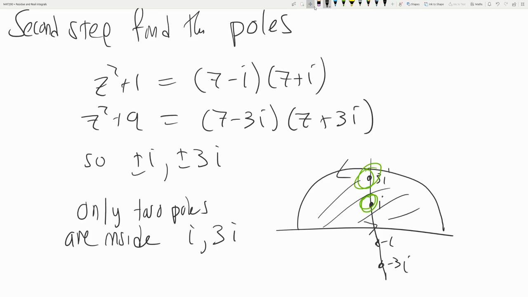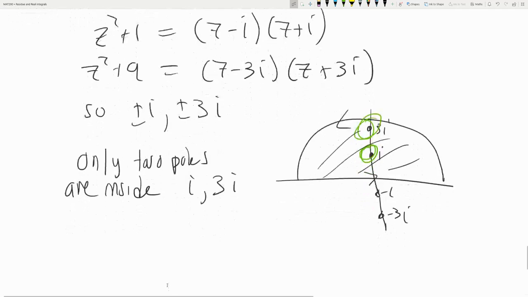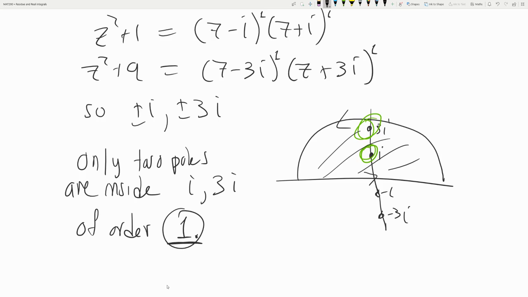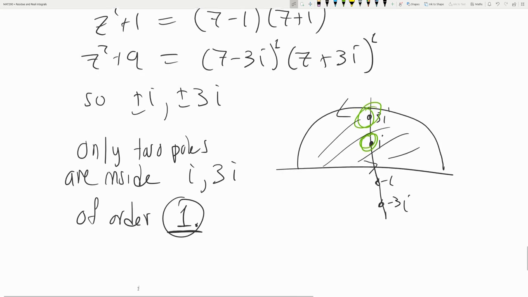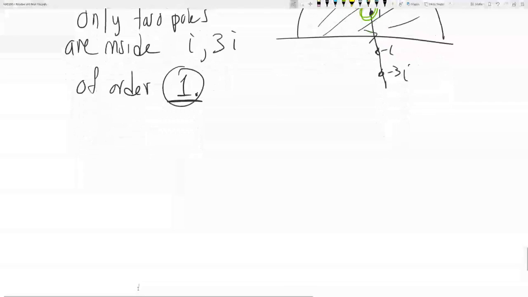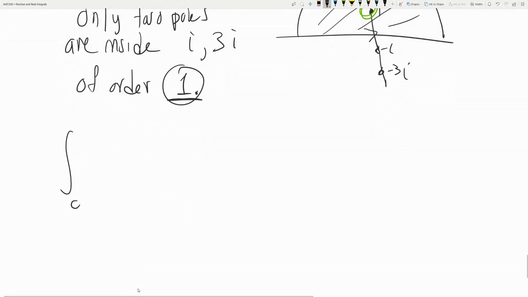Is that okay? All right. And their order is 1, as you can see from here. The exponent is 1, so they are of order 1.